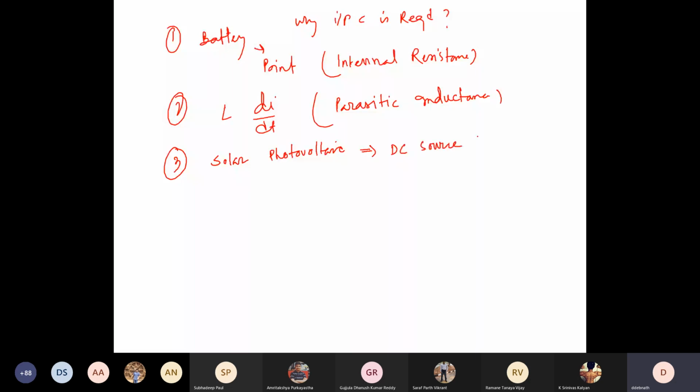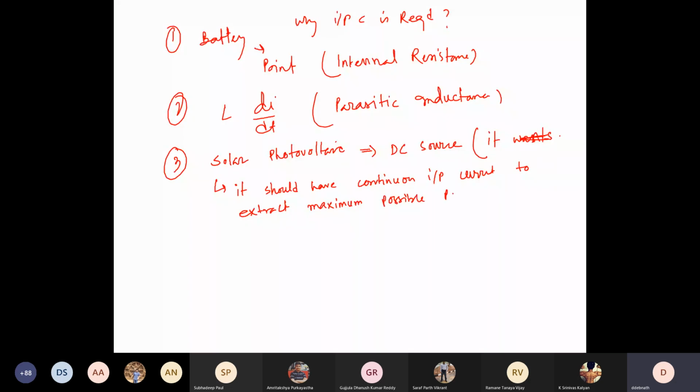But it is not an ideal current source or an ideal voltage source, and it should have continuous input current to extract the maximum possible power from it. Okay, you may not understand this term. We'll slowly discuss it some other day.